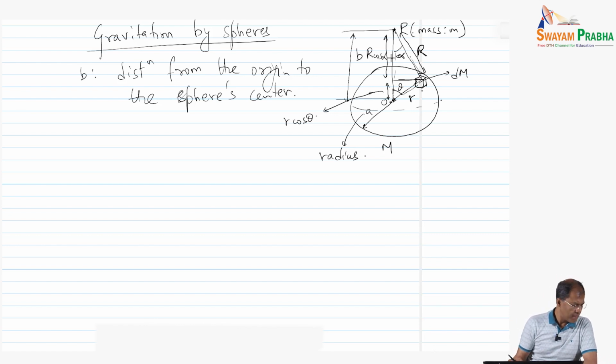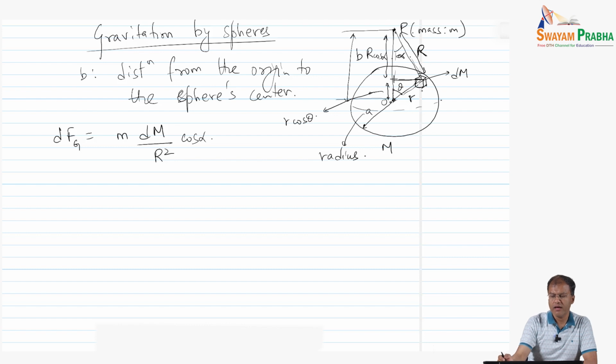We see that the force dFg comes out to be the mass small m times the mass dM times 1 over r square, that is the distance between the two masses, and times cos alpha, because we need to project it along the y axis, and the x-axis values cancel each other.